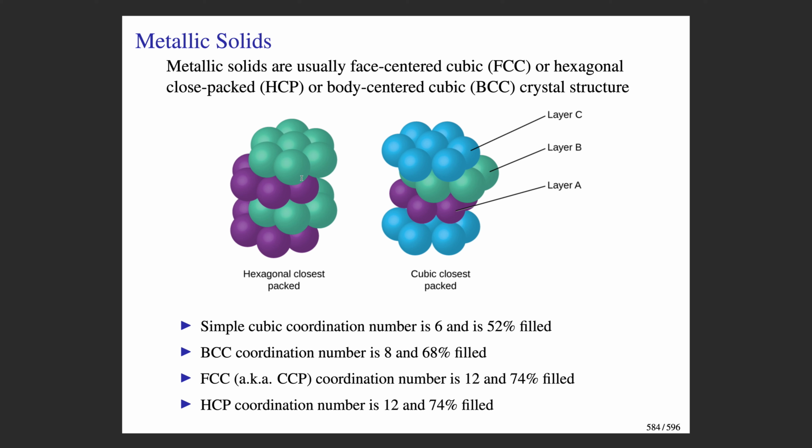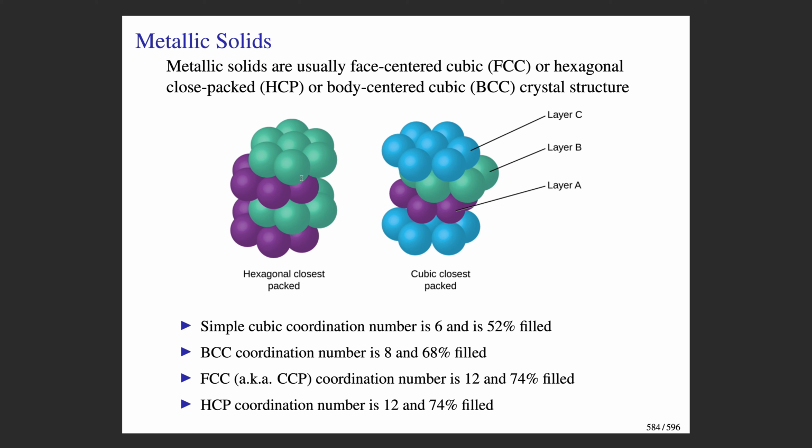So the coordination number for the simple cubic structure that we looked at here in this example is 6. And then you estimate how much of the unit cell volume is filled with an atom. For the simple cubic structure, it's about 52% filled.